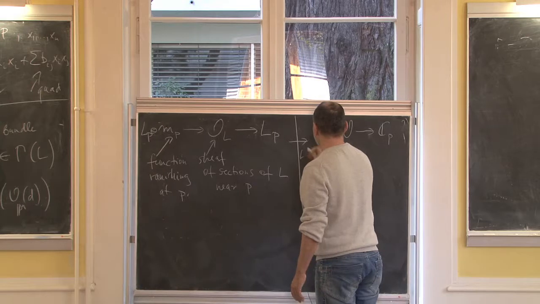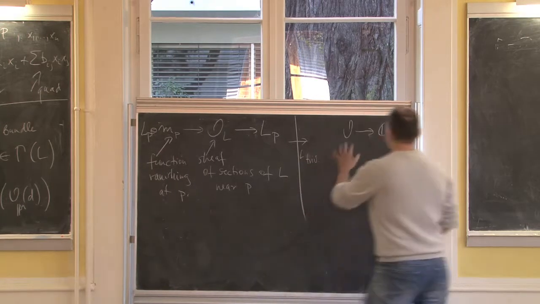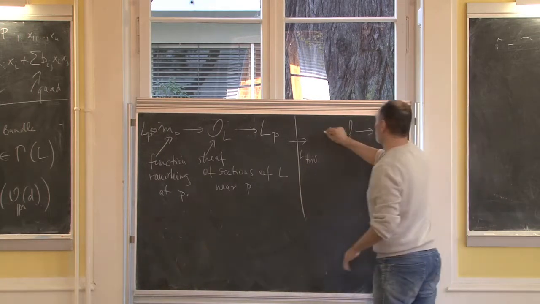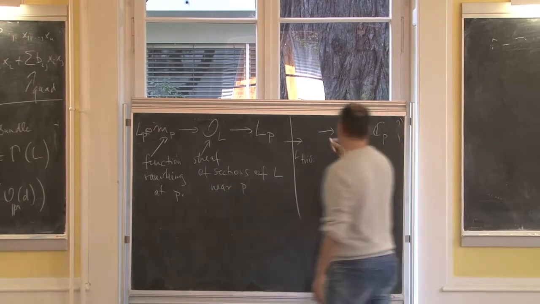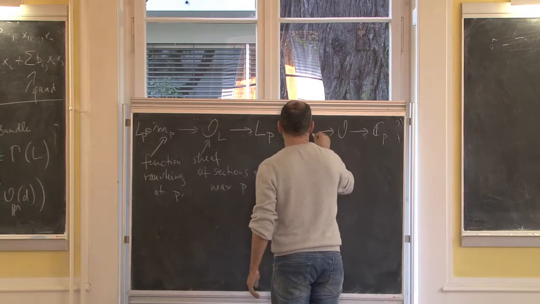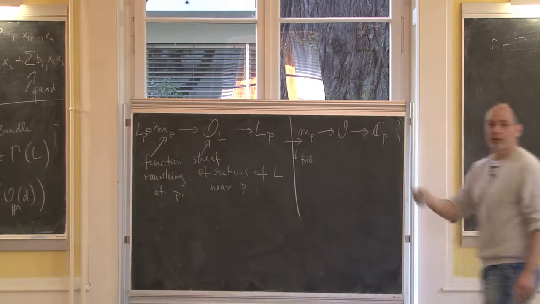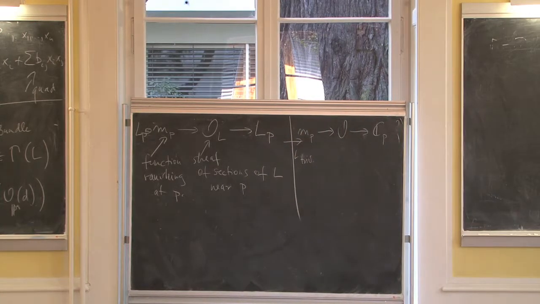It's a special case. You evaluate that function, and the kernel of this map is well defined. Those are the sheaf of functions that vanish at P. So this is the kernel, and we usually denote it by M_P. It's the maximal ideal in O near P. So this is well defined.